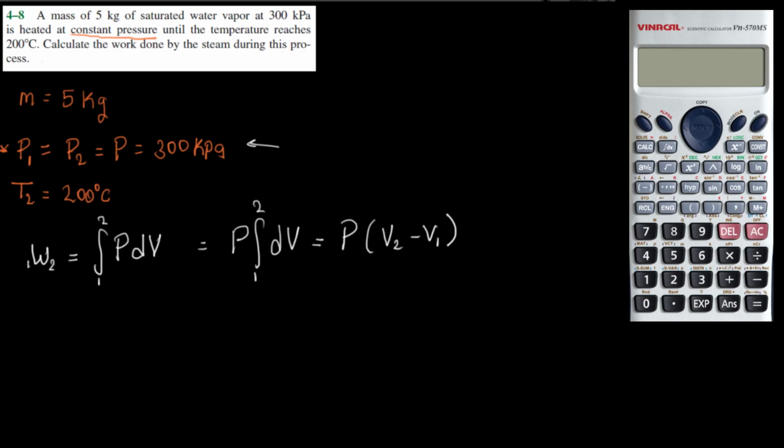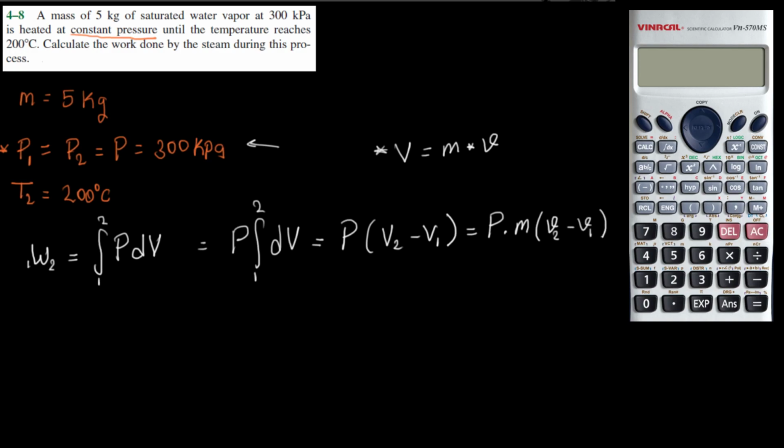And also remember that the volume is equal to mass times the specific volume, okay? So remember this. So now we can rewrite the final work equation as pressure multiplied by mass multiplied by specific volume 2 minus specific volume 1.